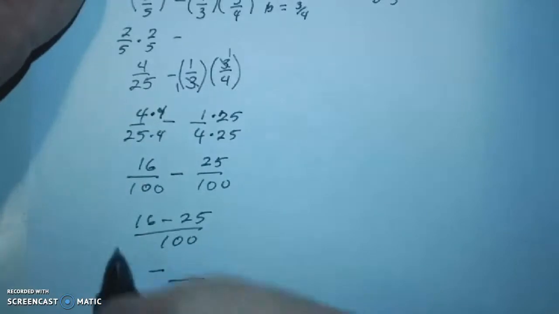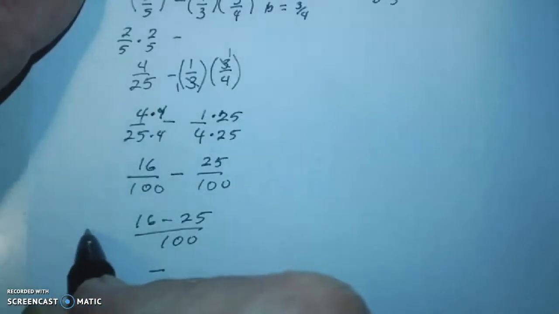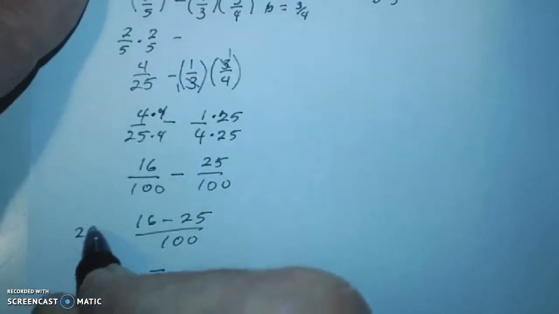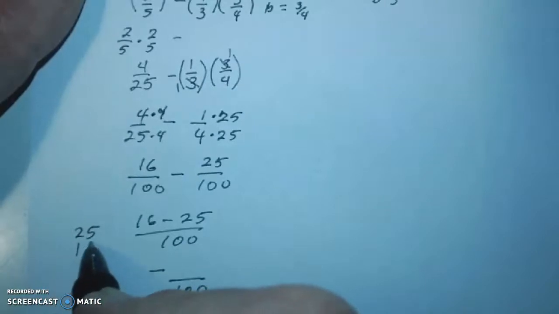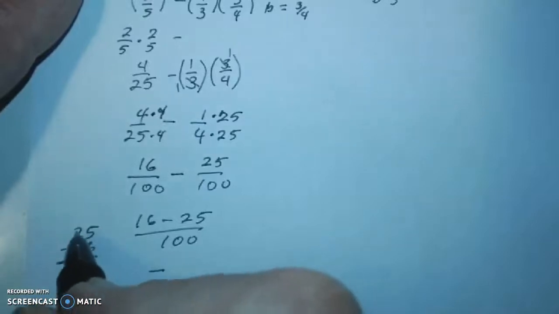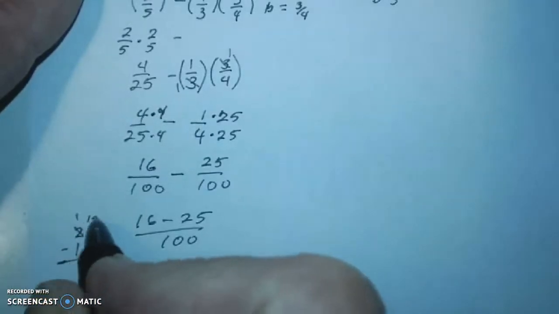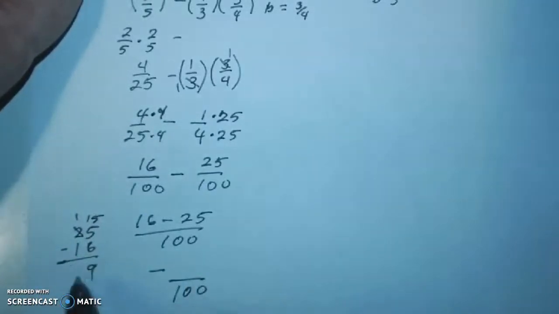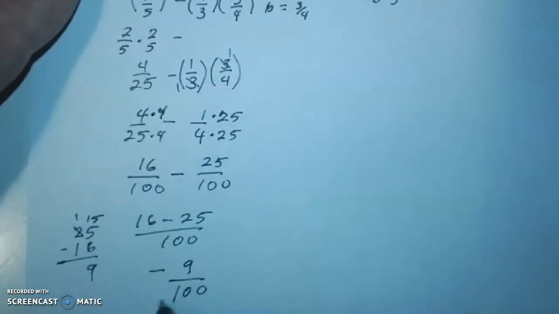And then to subtract, put the larger number on top. Take away the smaller number. 5 from 16, we'll have to borrow. 6 from 15 becomes 9. 1 from 1 is 0. So that's my answer, -9/100.